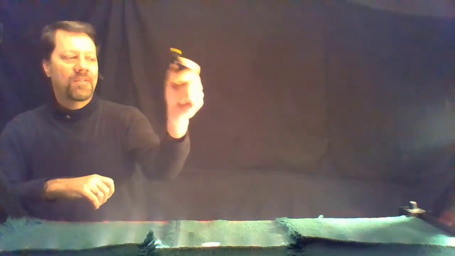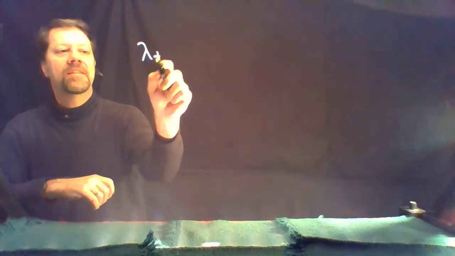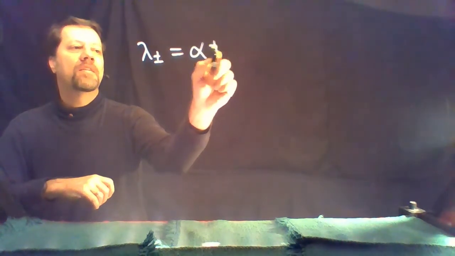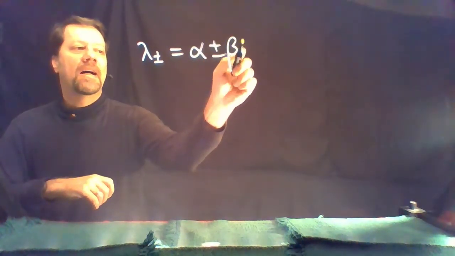By the fundamental theorem of algebra, if a polynomial equation having real coefficients has a complex valued solution, then the complex conjugate must also be a solution. Suppose that we get complex conjugate solutions of the form alpha plus or minus beta i.